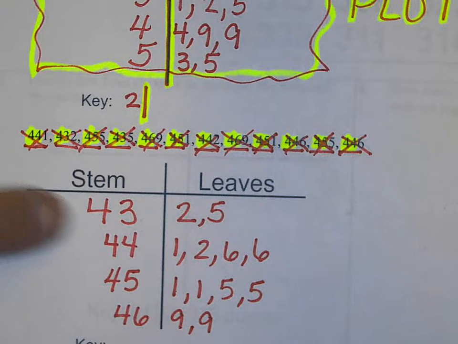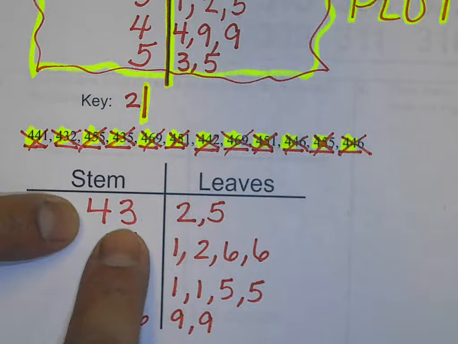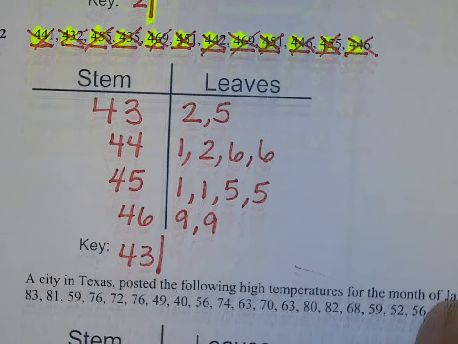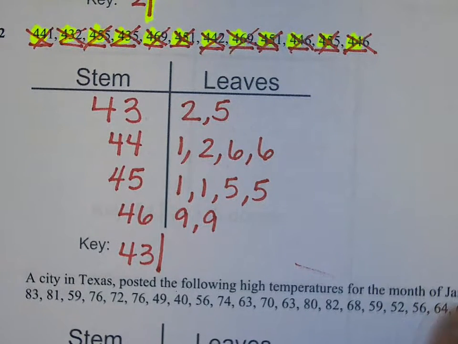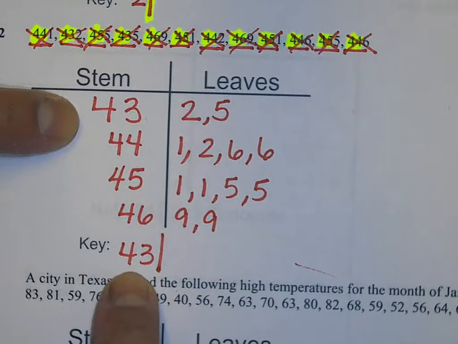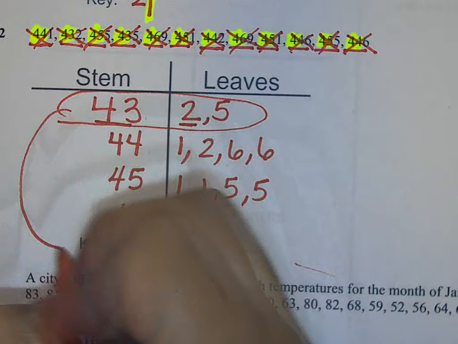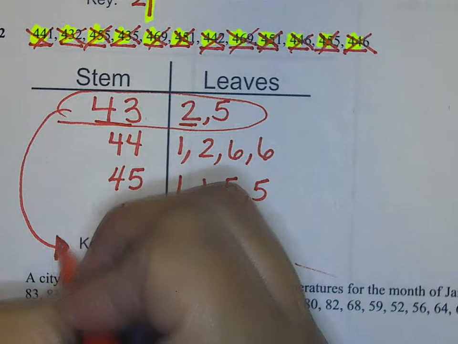Okay, now to make my key, I start with my top numbers. What do I have? 43. Make my line. I had 43 for my key, so you take this and you only work with these, and you bring it down for your key.